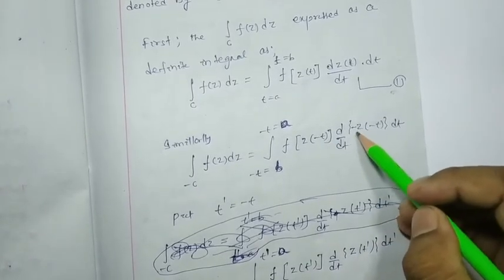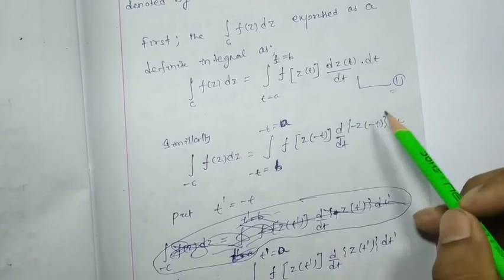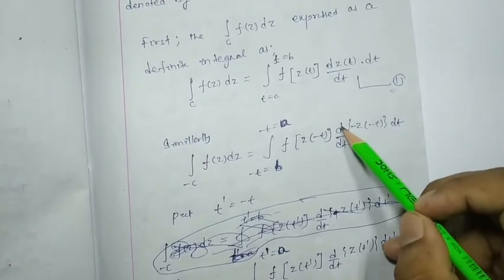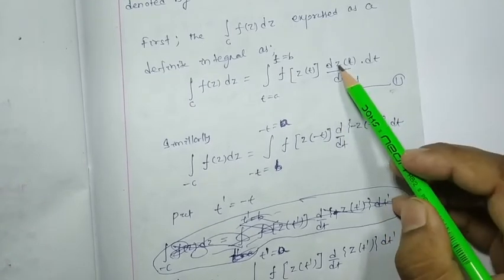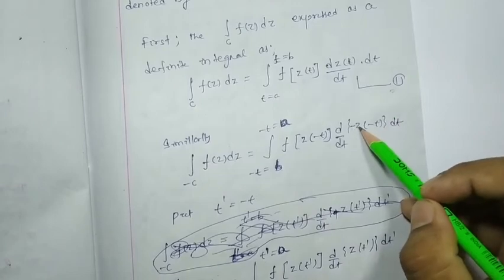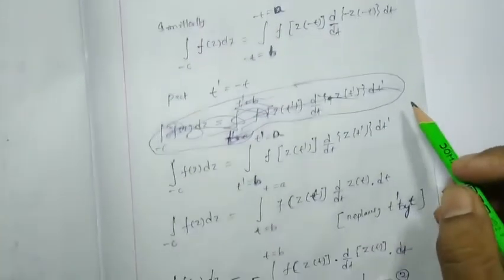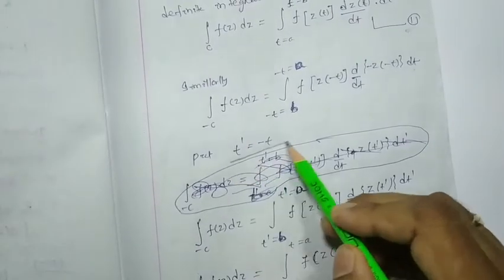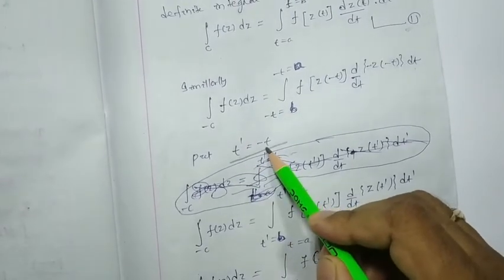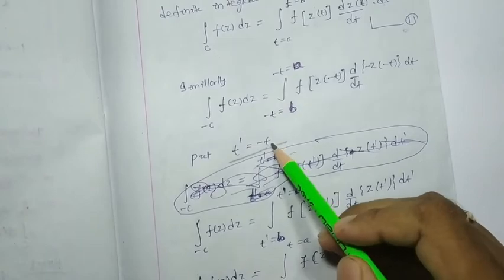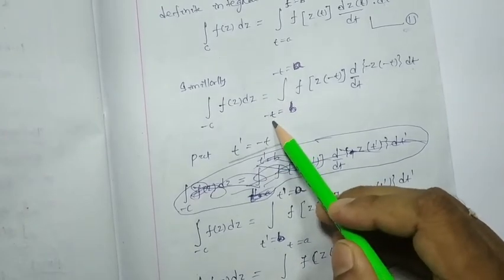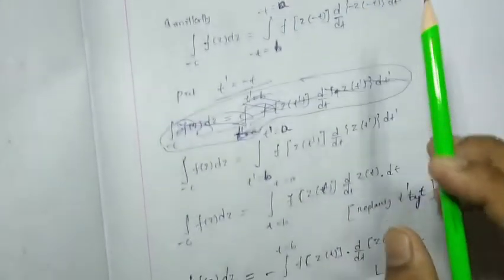Here we put t dash equal to minus t. So instead of minus t we put t dash, and the limits become t dash equal to b to t dash equal to a.